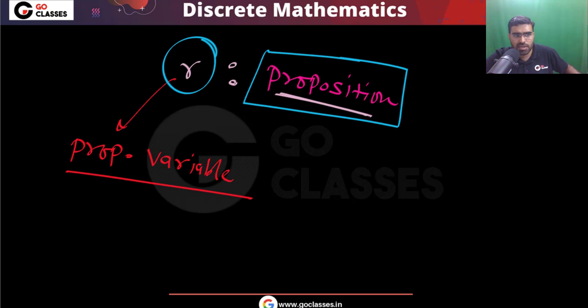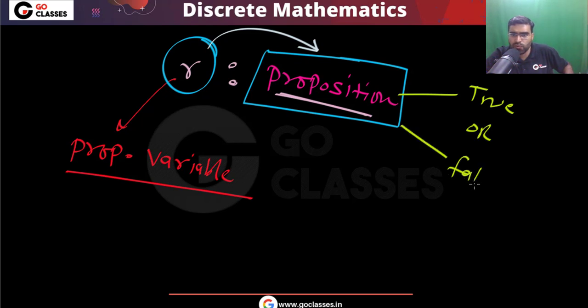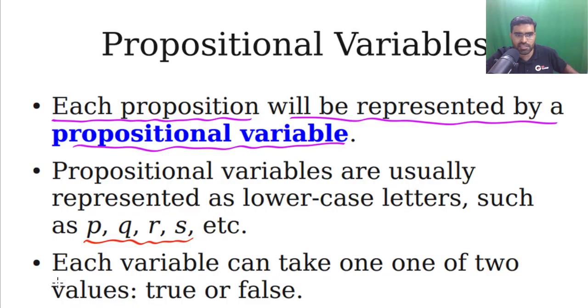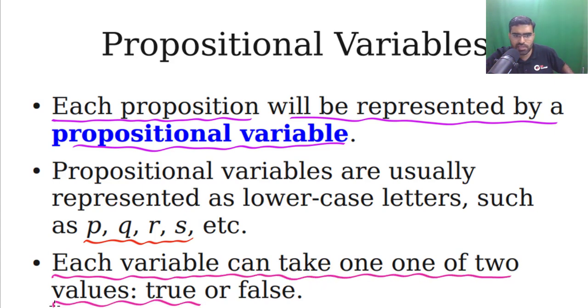Because this proposition is either true or false, this R is also either true or false. So each propositional variable can take one of two values, true or false.